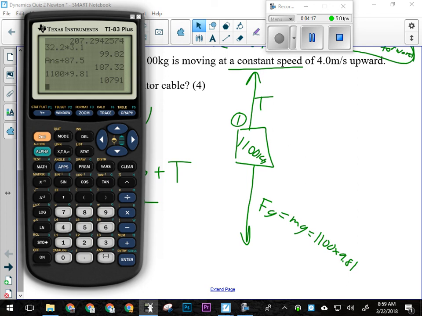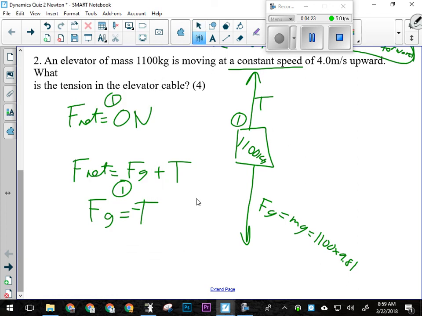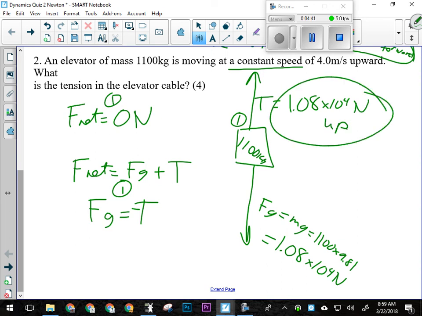We only have 3 significant figures here, so 1.08 times 10 to the 4 newtons up. The reason we have 3 and not 2 is because we never used the 4, and gravity only has 3.